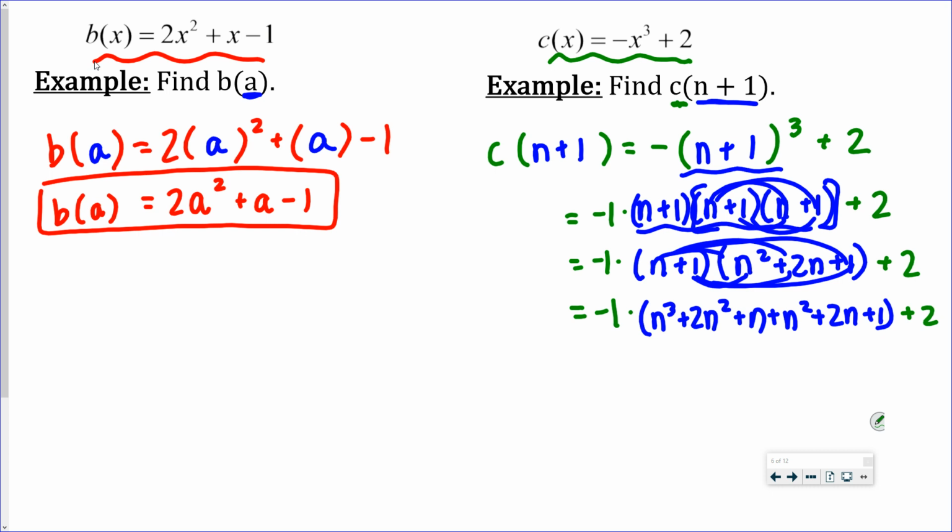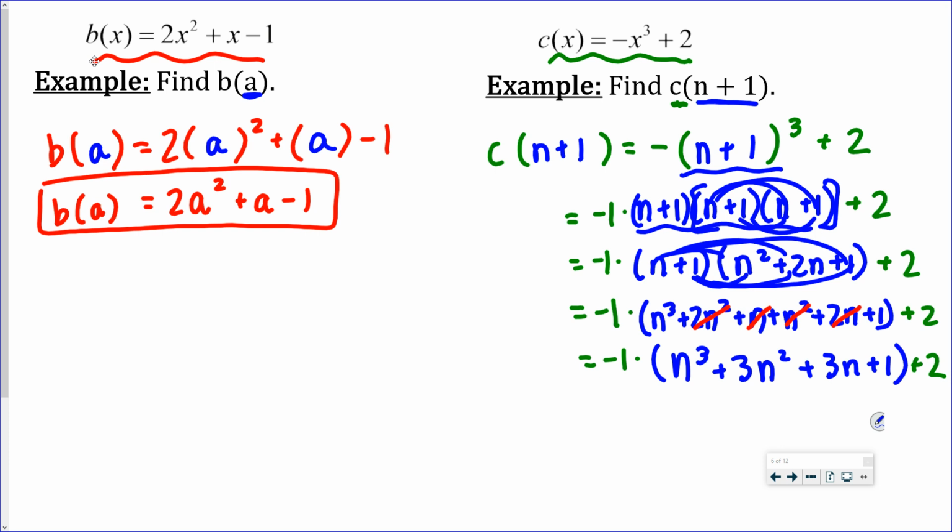Okay, we can clean it up a little bit. I have some like terms here. N cubed, 2n squared and 1n squared would be 3n squared. N and 2n would be 3n, plus 1. Oofta! I'm not done.